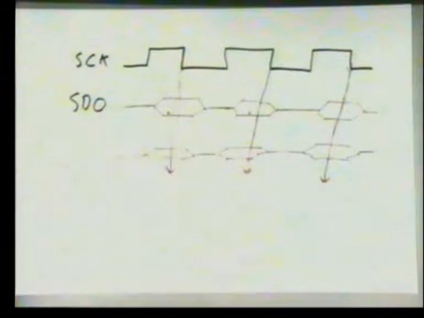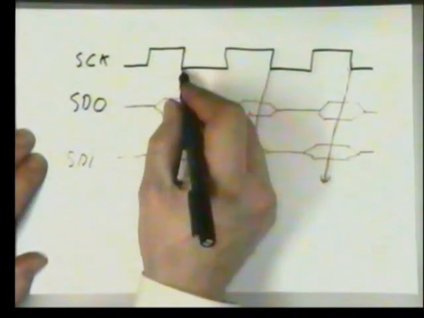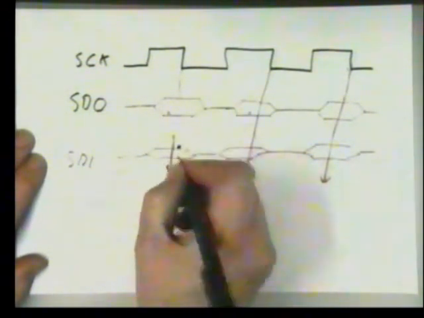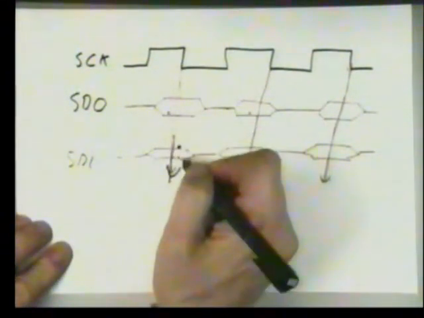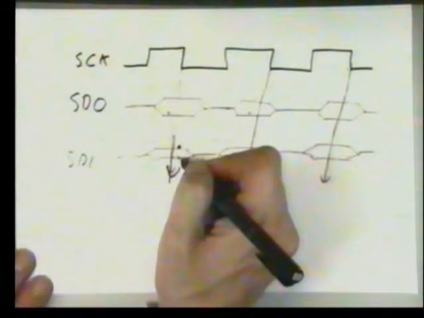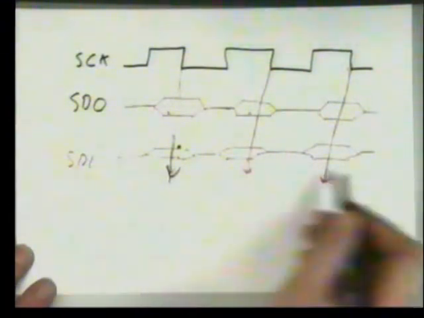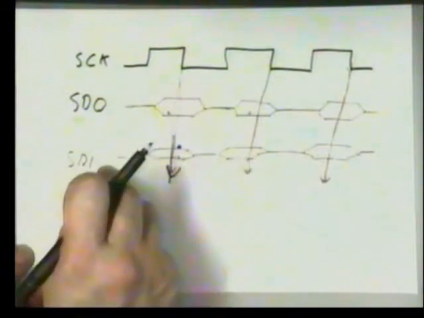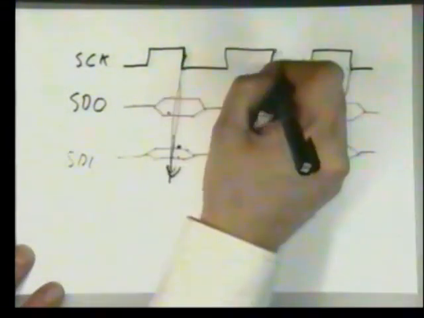So here is the serial data in line, and on the falling edge of that clock, that data line, the input line, is sampled, and so we will read the result back. So at the same time as we clock out a bit, we clock one of the data bits back into our microcomputer. So we have here the mechanism to transmit backwards and forwards binary data from the master to the slave, and from the slave back to the master in a full duplex manner on the falling edge of the clock.